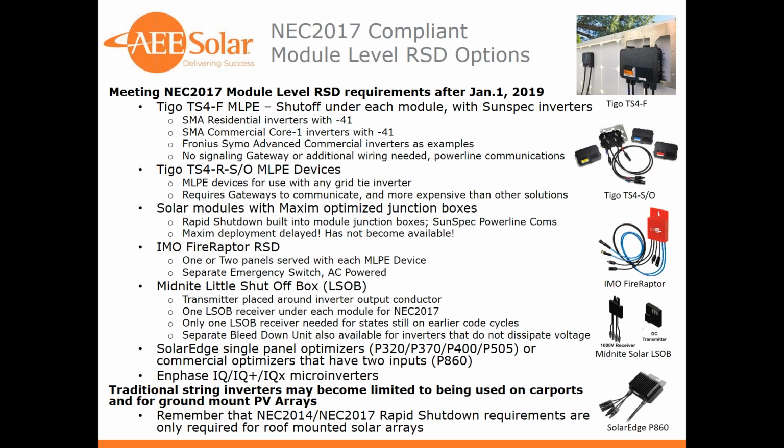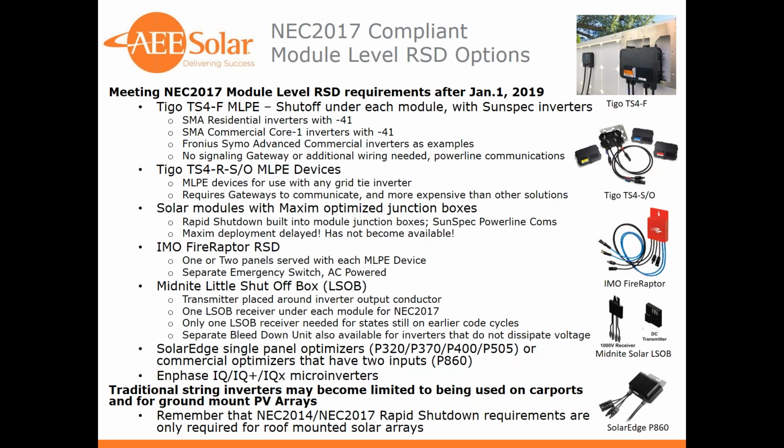For smaller commercial projects that want to meet RapidShutdown without having to add an MLPE device, you can always consider using N-phase IQ microinverters for 3-phase 208 or 3-phase 240, any of those styles, or if you have single-phase systems.